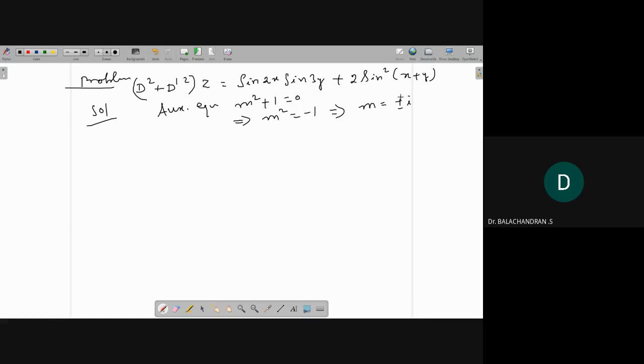So the roots are distinct roots. And hence the CF is m1 equal to i and m2 equal to minus i. f1 of y plus ix plus f2 of y minus ix. So PI1.